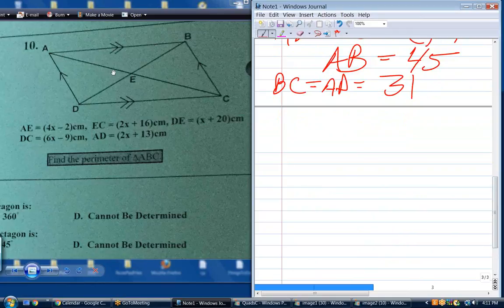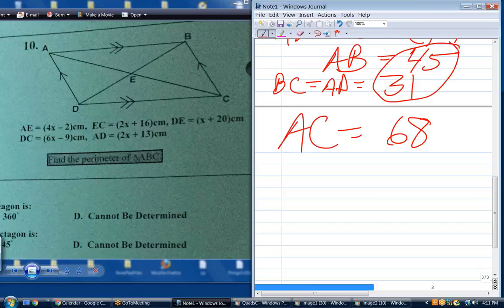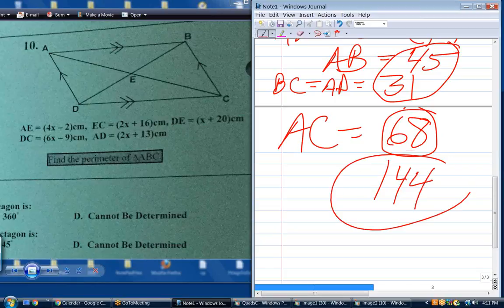Or you could have just figured AE and multiplied it by 2. 9 times 4 is 36 minus 2 is 34, 68. So AC is equal to 68. The perimeter is 76 plus 68, 144. All right.